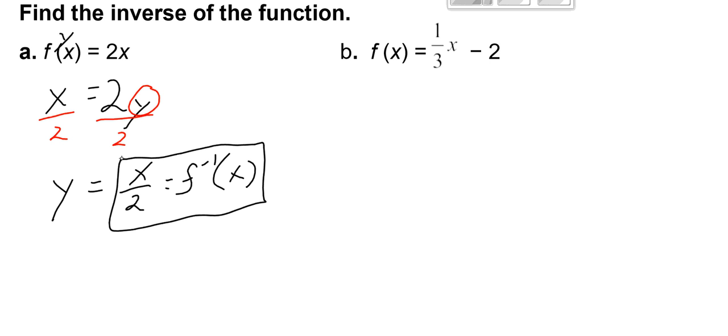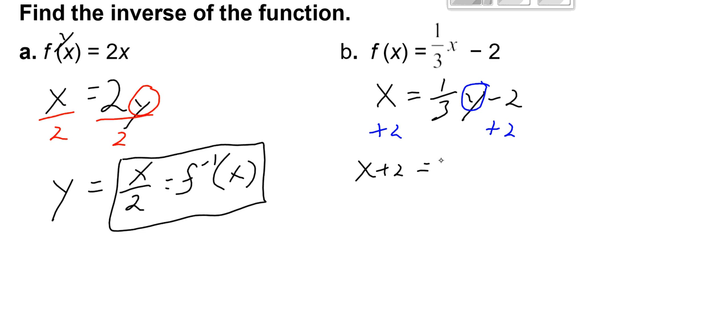Over here, interchange them, so I get x is equal to 1/3 y minus 2. Now I get y by itself, so I have to pull away my layers, so I add 2 to both sides. And we get x plus 2 equals 1/3 of y.